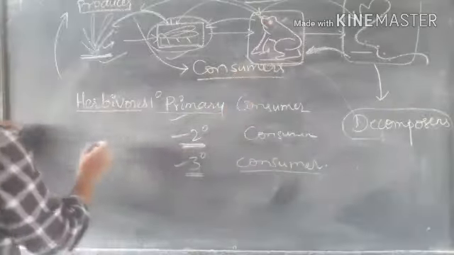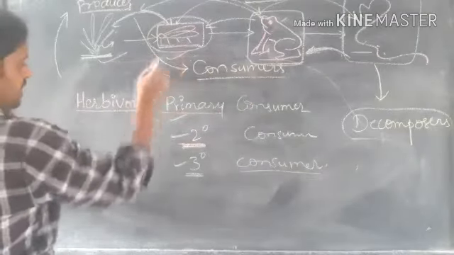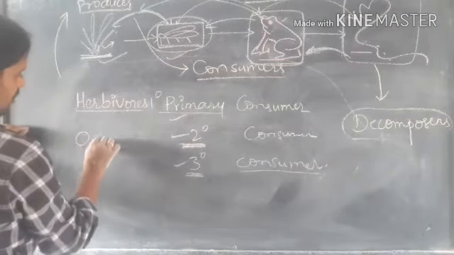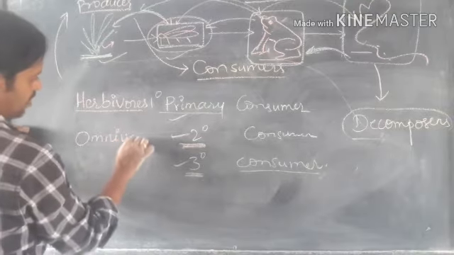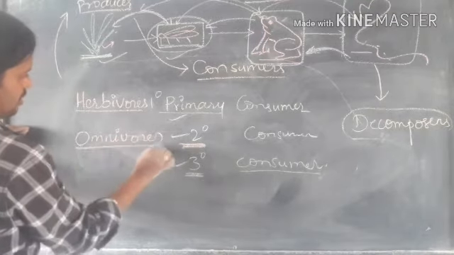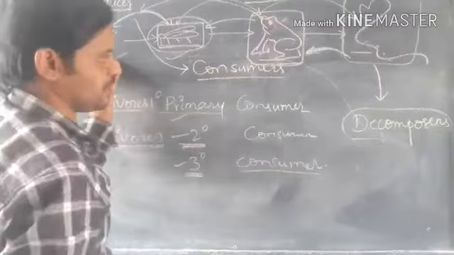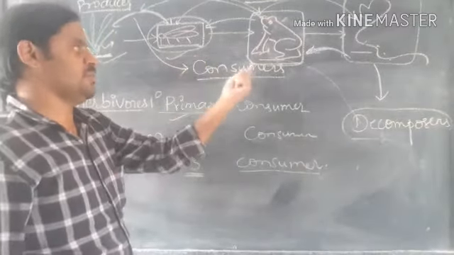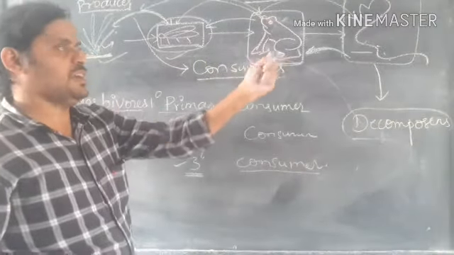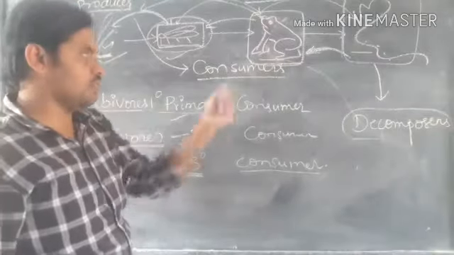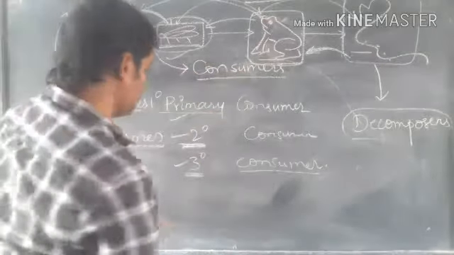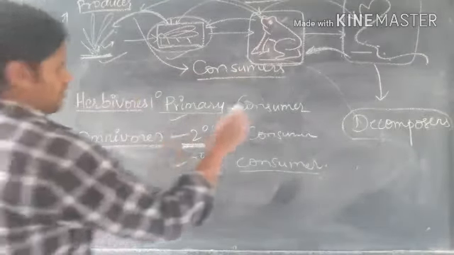So the organism which eats plant as well as animal is called omnivorous. They are called omnivores. Both can be eaten by the frog. Have you understood?